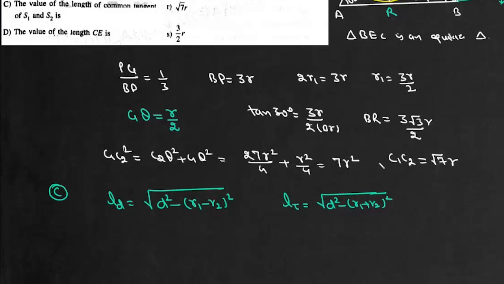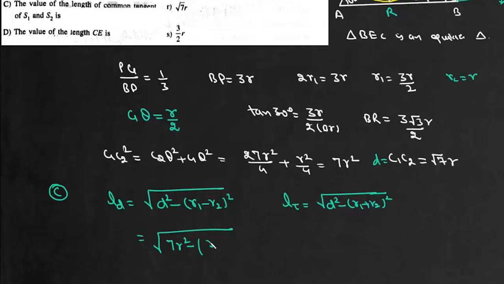Now this D is the distance between centers, and that is under root 7 R.